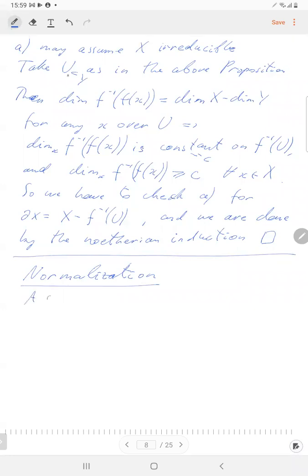It's a step towards a resolution of singularities. I mean, next time we'll start studying algebraic curves. So they are algebraic varieties of dimension 1, and in this sense, they are maybe the simplest algebraic varieties. But still, as you might remember from the previous semester, they might be pretty singular.